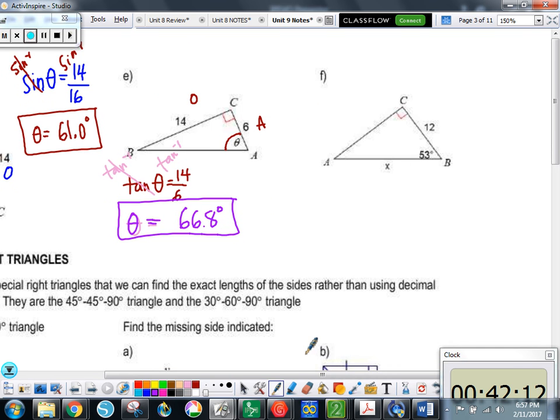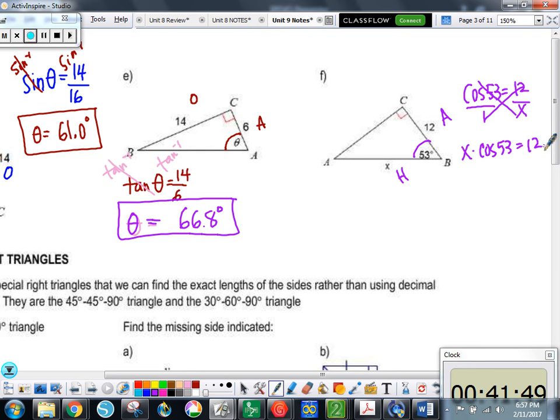All right, part F, really quick. This is our angle, this is adjacent, this is hypotenuse, so we're going to use the cosine of 53 equals 12 over x, make that into a proportion. So x times the cosine of 53 equals 12.